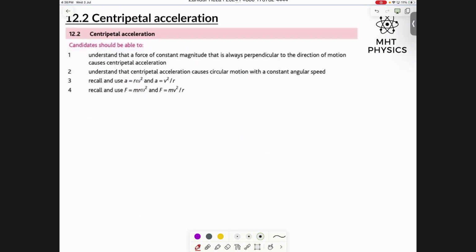Centripetal acceleration. Okay, this is the business end of the chapter, where things actually get A-level complexity. So it says understand that a force of constant magnitude is needed, and understand that centripetal acceleration is required for the motion.